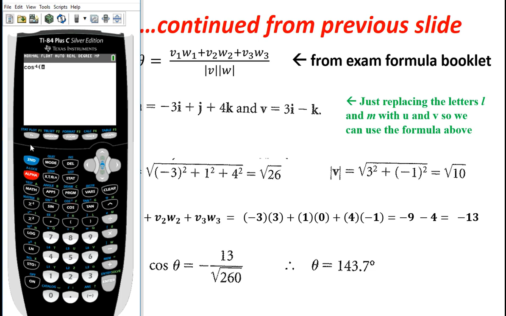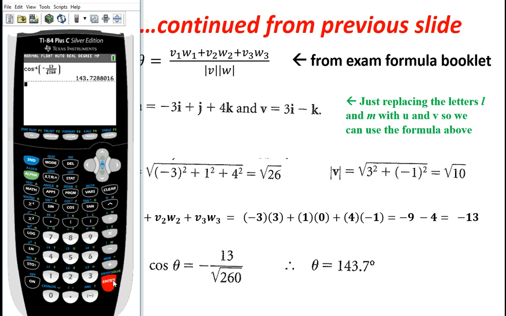You could also, if you prefer, go alpha y equals and make a nice fraction. Put a negative at the front or at the top, it doesn't matter. Negative 13 could have been the numerator, over root 260. Voila. That's how you get it.